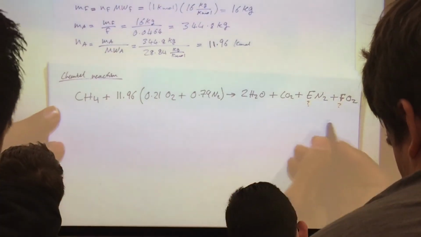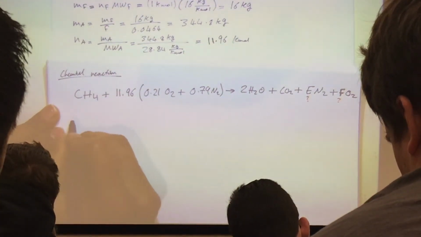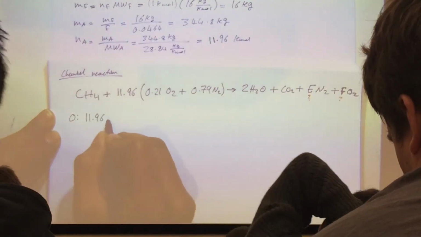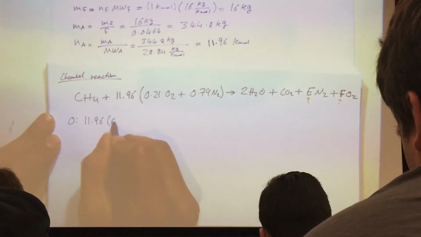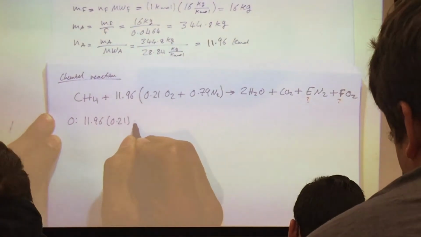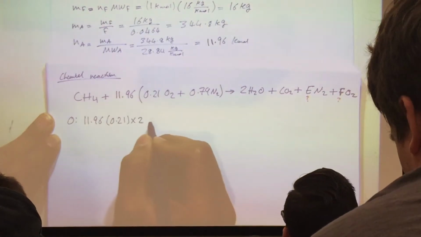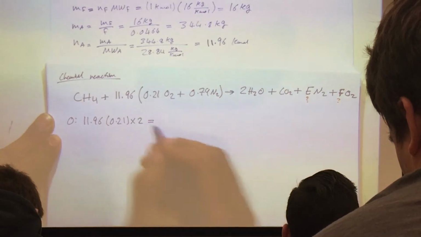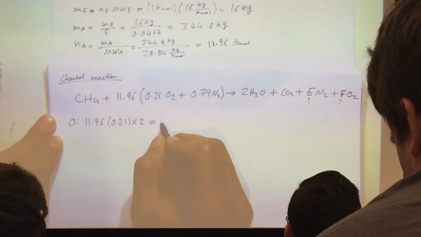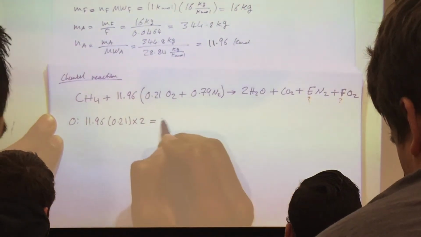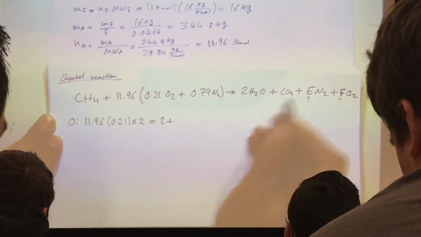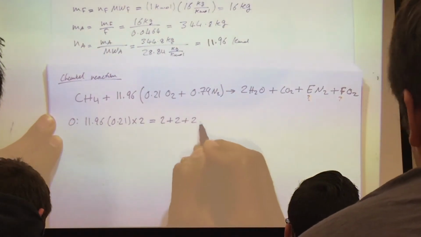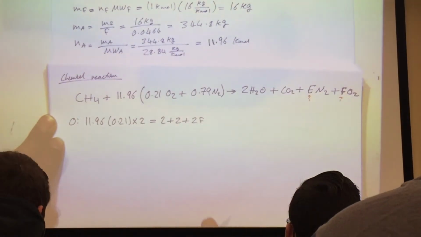But if you do the balance, for oxygen, I'm putting in 11.96 multiplied by 0.21 times 2 for oxygen, which is equal to how much oxygen here? So 2 plus 2 plus 2 times F, right?